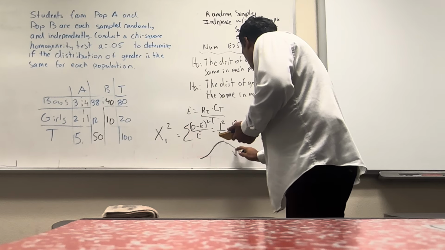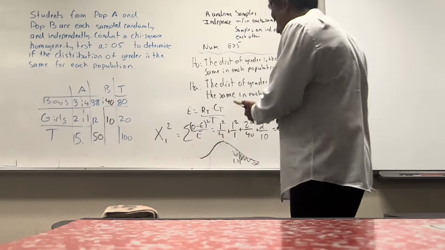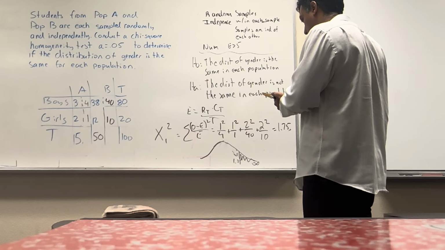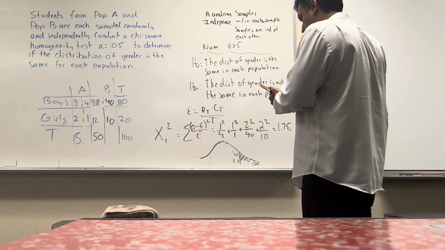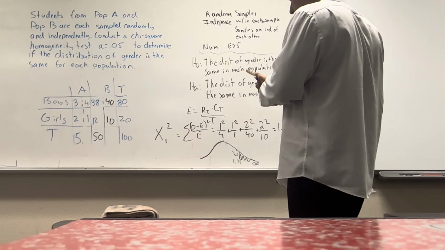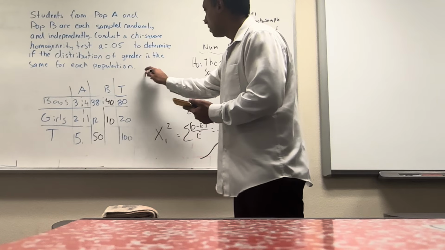So I wanna go from 1.75 to infinity on my calculator, CDF. Okay, so second bars, x squared CDF, lower is 1.75, upper is 9999999, close to infinity, and degrees of freedom is just 1.